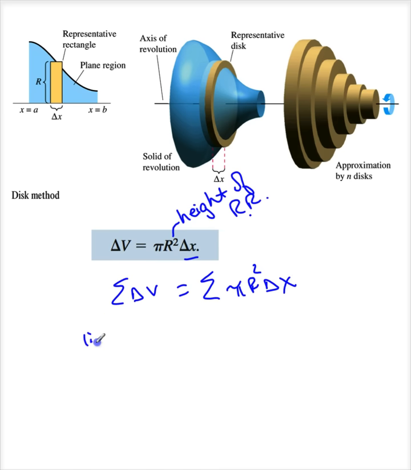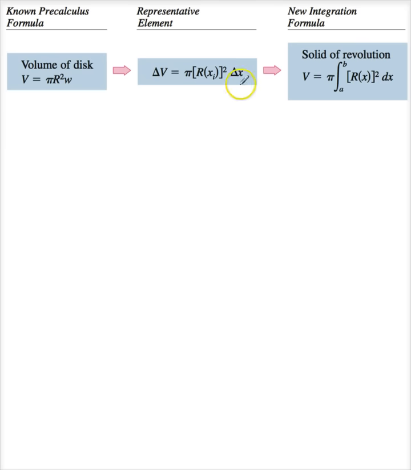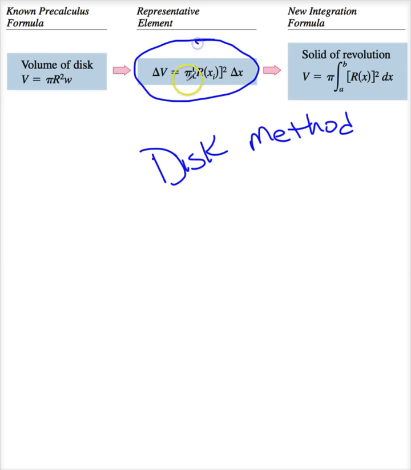And then if I take the limit as n approaches infinity of the sum of the delta v's, I'm going to get pi times the integral from a to b of, instead of r, f of x squared dx. And lo and behold, that is exactly what we do when we use the disk method. We call it the disk method because we're making disks. I'm going to need you to identify your delta V for the disk method and then give me the formula.